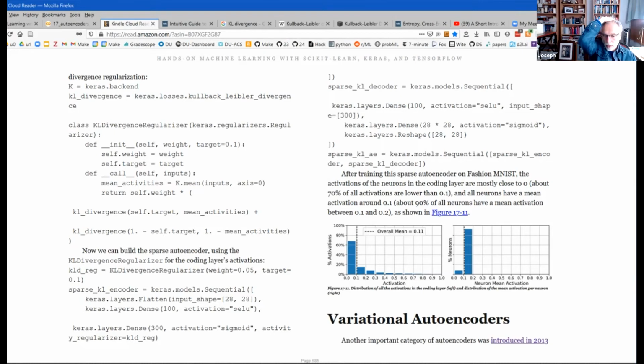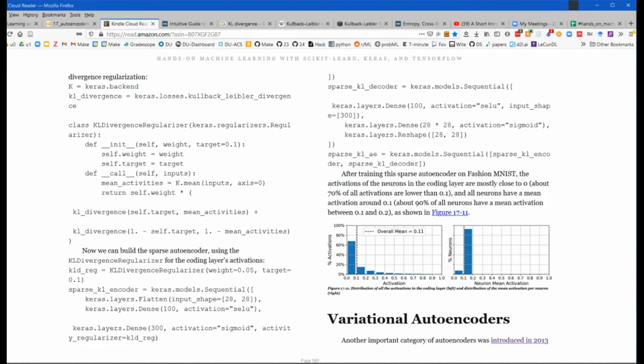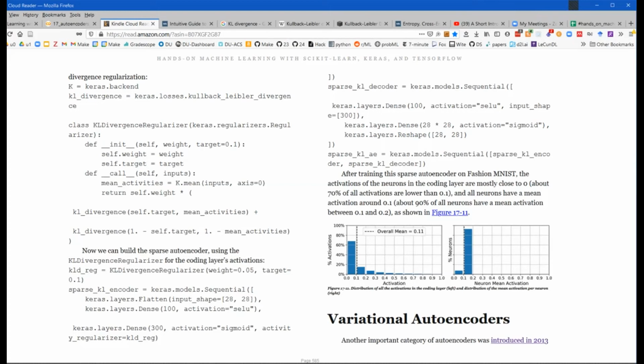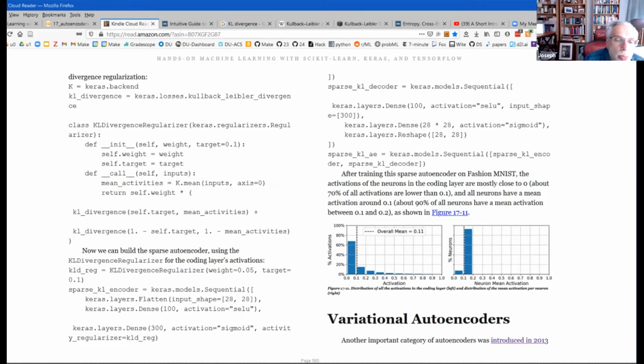X-axis is not activation, right? X-axis is percentage of neurons in this case. I see. X-axis on the left is activation, and on the right is the mean activation. I'm sorry, the Y-axis is percentage of neurons, not percentage activations. Right. So neuron mean activation.